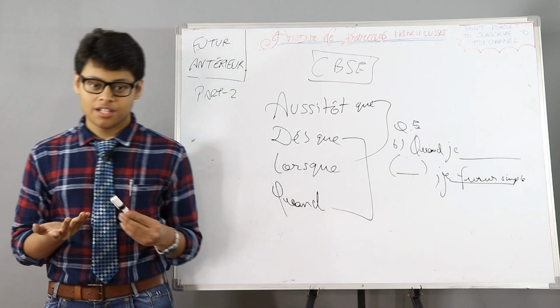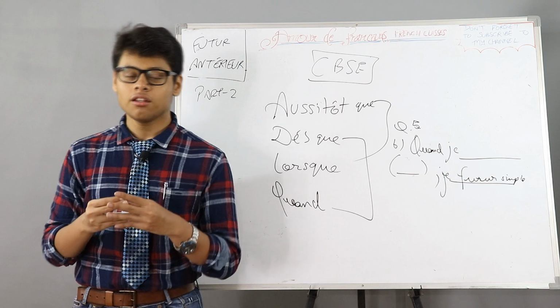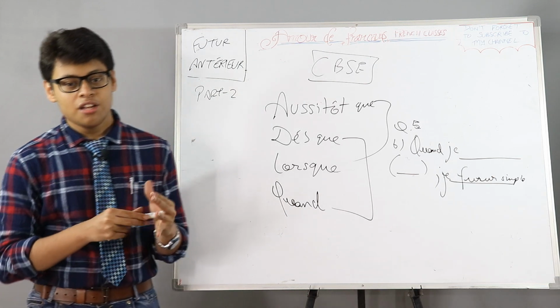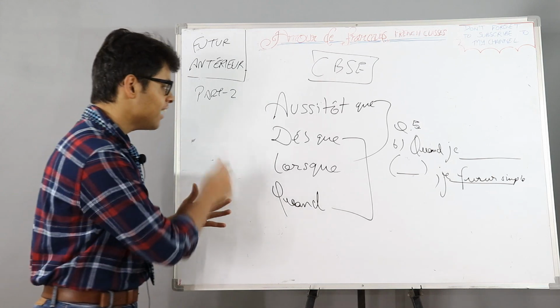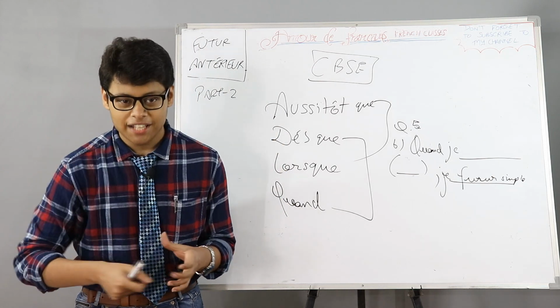So if you have any of these 4 words and the first is a blank, the second one is in futur simple, you can blindly just write that verb in the futur antérieur form, literally blindly.